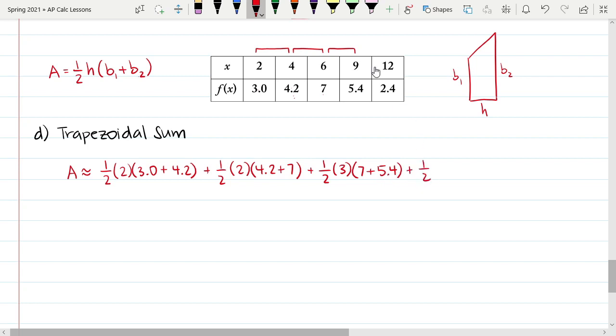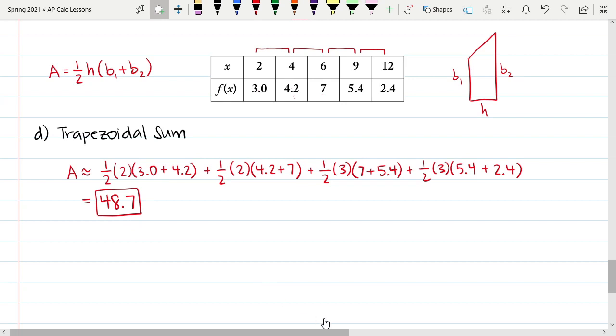And finally, for the last trapezoid, we're going from 9 to 12, so again, that's a height of 3, and then this time the two bases are 5.4 plus 2.4. And when you carefully type all of that into your calculator, you should end up with 48.7.